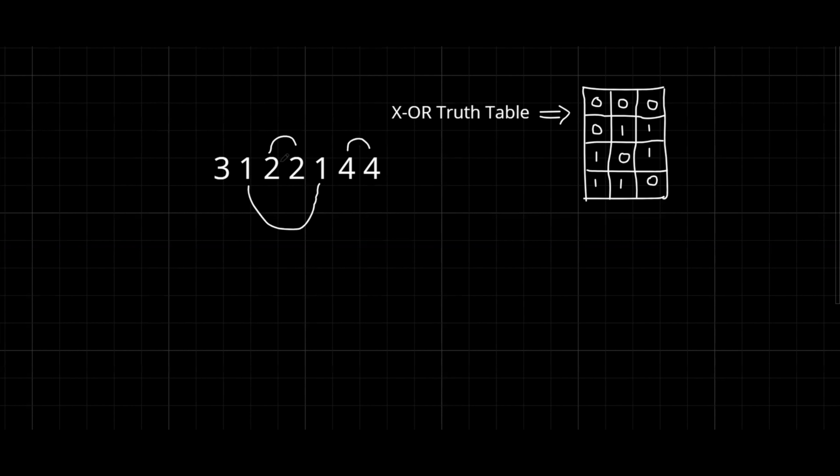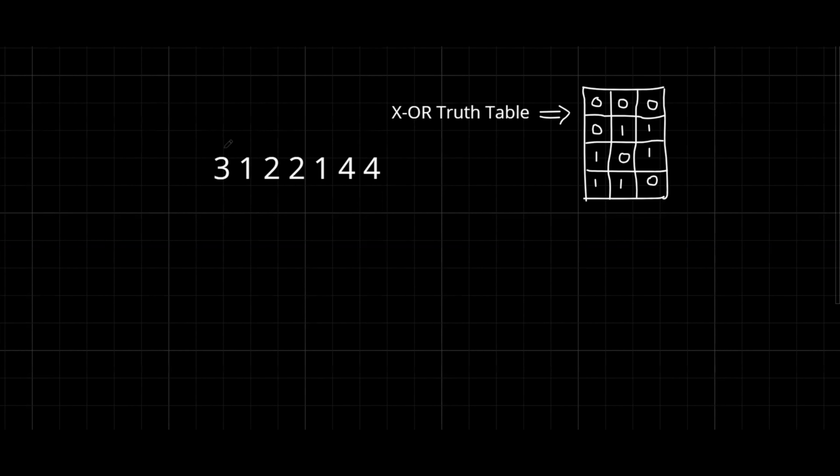In the second operation, if we can eliminate both of the 2s, then our input array will contain two 4s and a single 3. And in the third operation, if we somehow eliminate both of the 4s, we can end up with a single element in the array, which is the result of this problem. So our problem now is how we can eliminate the duplicate elements.